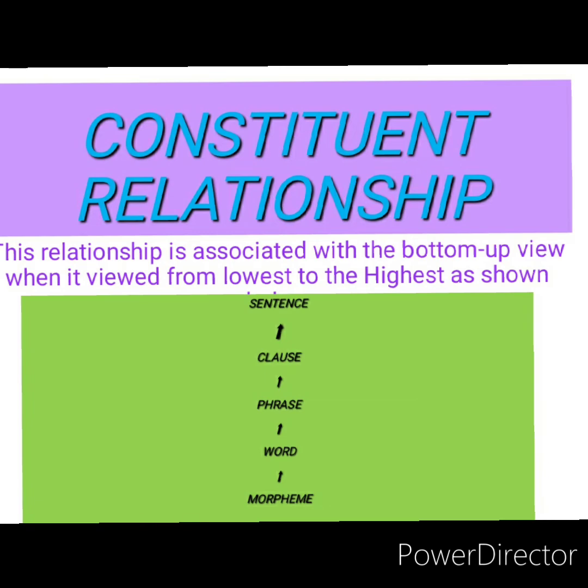So it means that when it is viewed from the lowest to the highest, as it is shown here, you could see that in the other one we said it is viewed from top to down, but under the constituent relationship we view it from the lowest, which is morpheme, to the highest, which is sentence. So we start from morpheme, then we climb up to word, we move on to phrase, then we move to clause, and finally we settle at sentence. So in the constituent relationship, always the arrow is pointing upwards. Good.